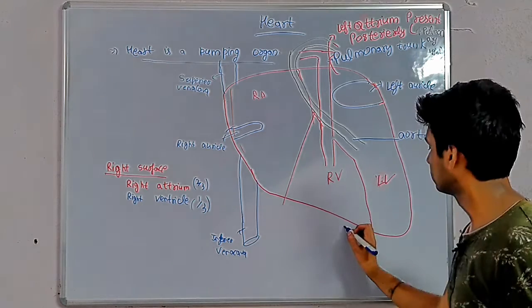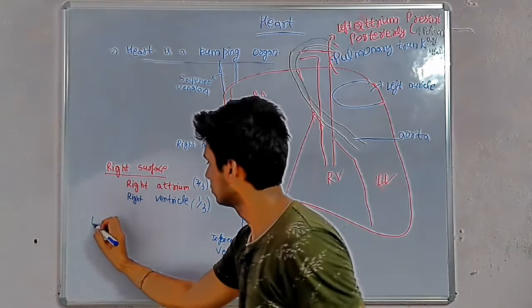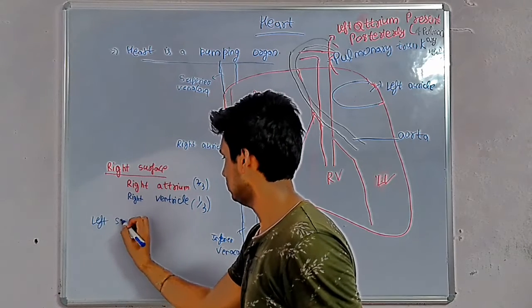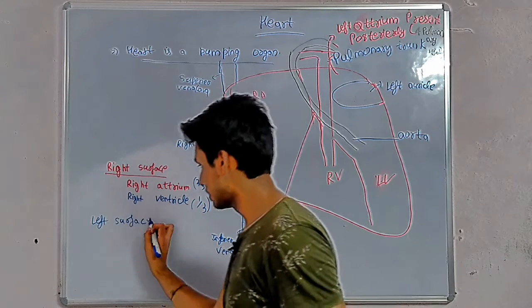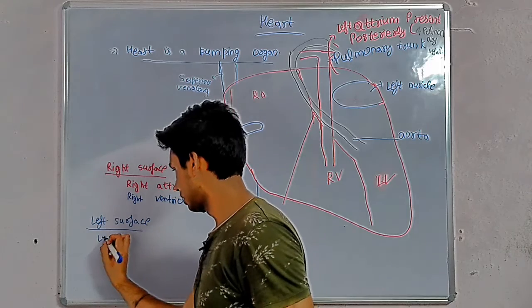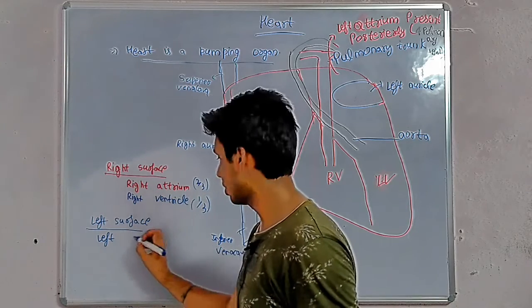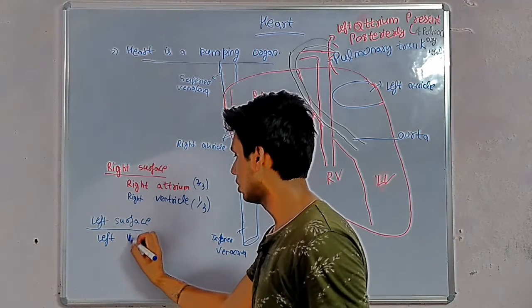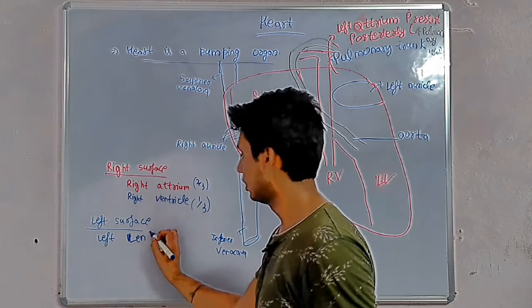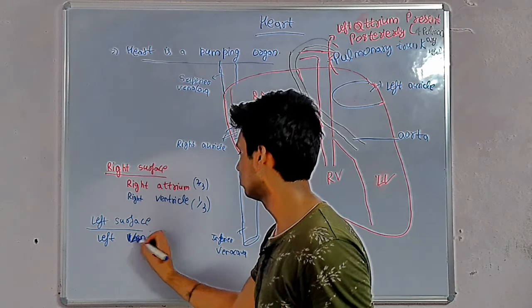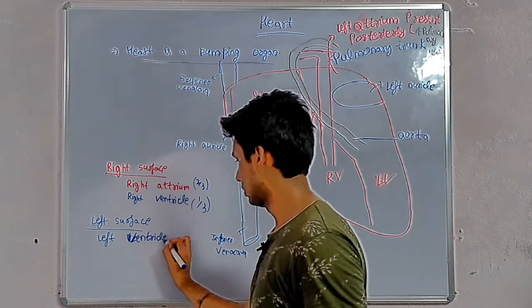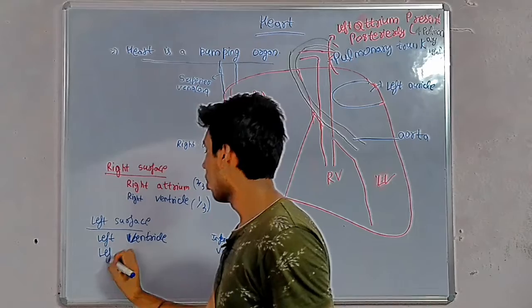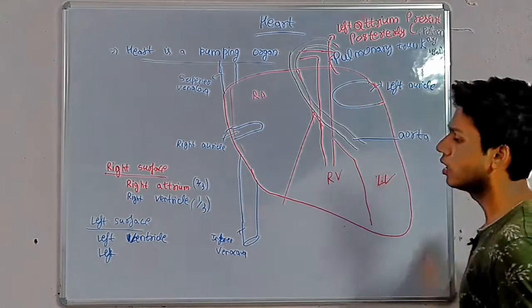The left surface contains the left atrium, the left ventricle, majority left ventricle, and the left auricle. This is the left auricle.